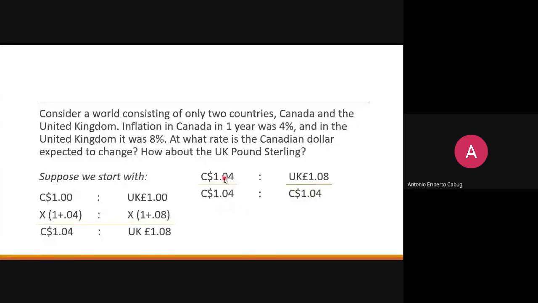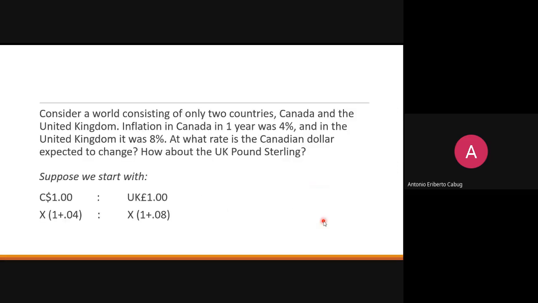So the Canadian dollar happened to increase in value relative to the UK pound. From 1 Canadian dollar just equal to 1 UK pound, 1:1, we started here. The 1 Canadian dollar is now worth a higher amount of UK pound, 1.0385. Very good. The Canadian dollar appreciated by 3.85%.